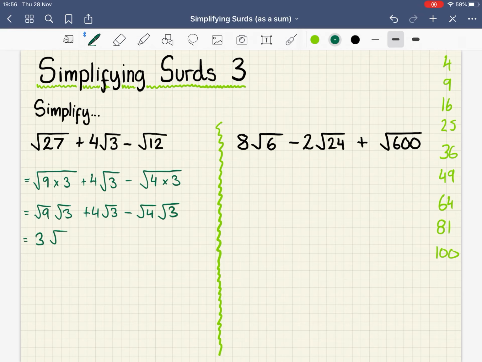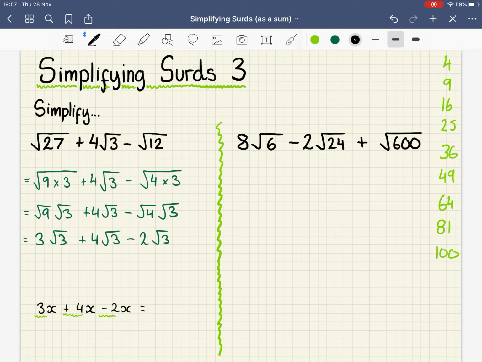Square root of 9 is 3, so that's going to be 3 root 3 plus 4 root 3 minus square root of 4 is 2, so we minus 2 root 3. So the next little thing, if we think back to algebra, if you had a question like 3x plus 4x minus 2x, when we do algebra, you just add together your coefficients.